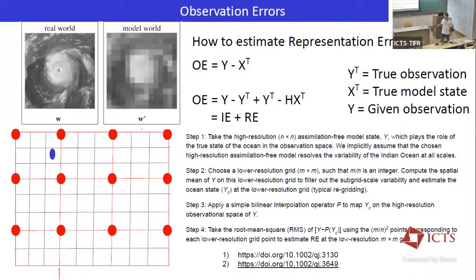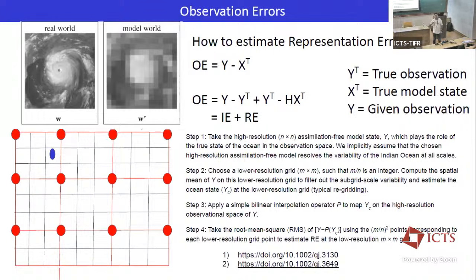What does my model give me? My model is going to give me at that location some average value, which is averaged over some time instant.